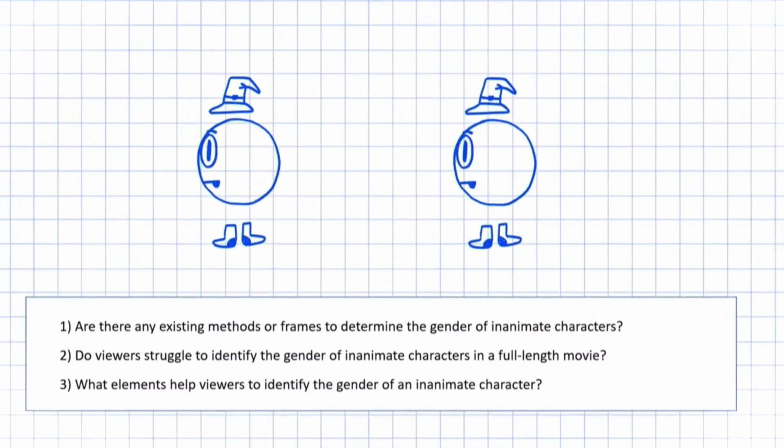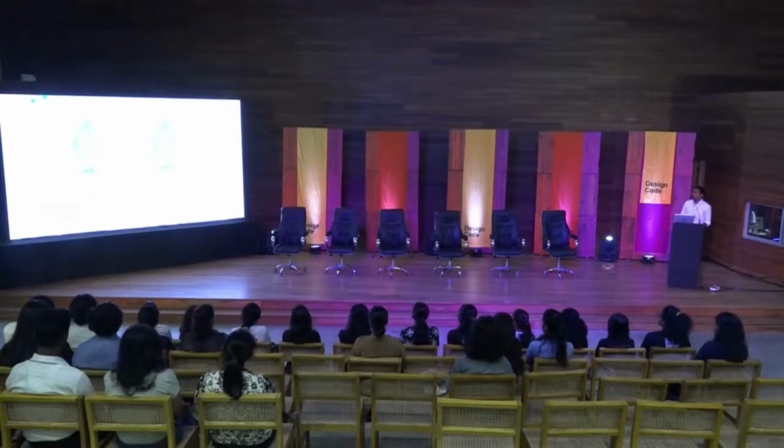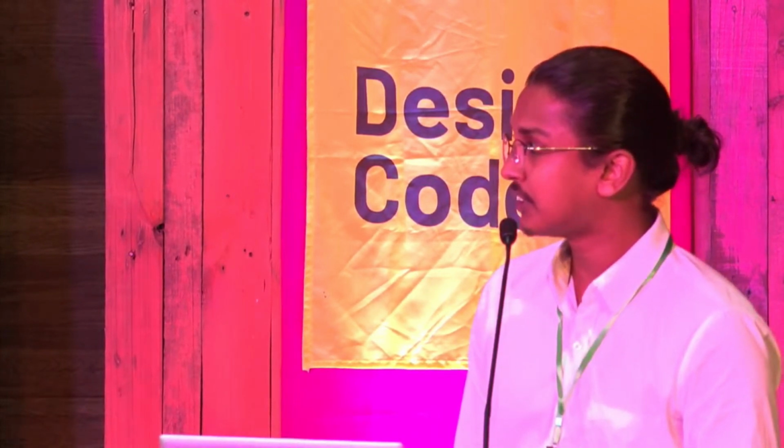Because in human characters in animation movies, it's easy to determine or to get to know the gender of these characters. Because getting to know the gender of a character is easier for the viewer to get familiar with the character and to have a better journey through the story. And the next question is, do viewers struggle to identify the gender of inanimate characters in full-length movies? And what elements help viewers to identify the gender of an inanimate character?